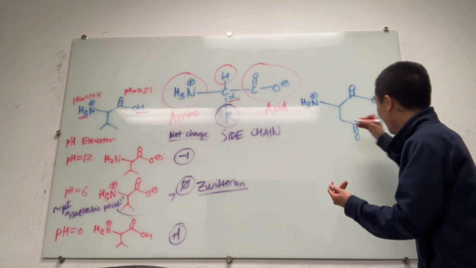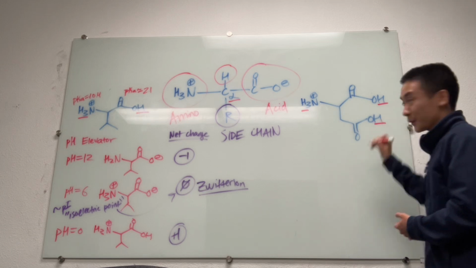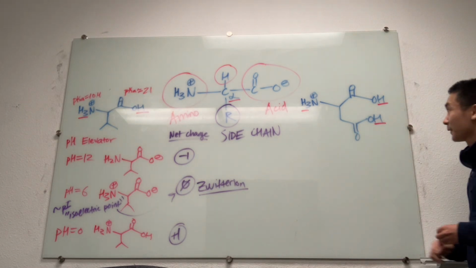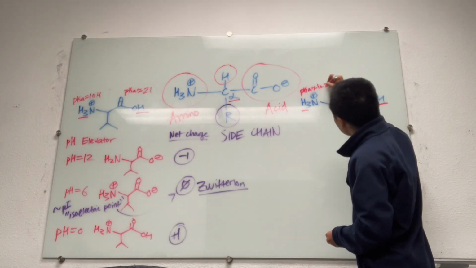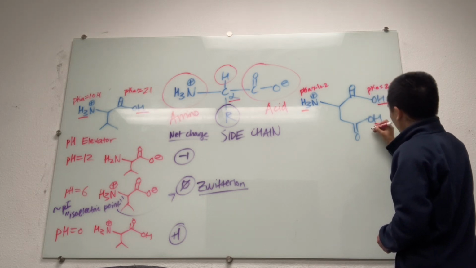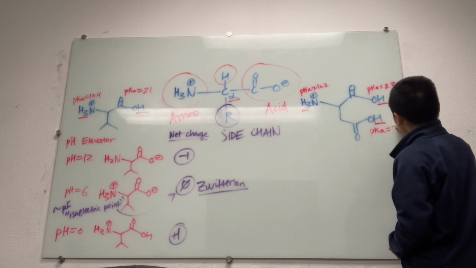This will have three pKa values, one for the amino group, one for the carboxyl group, and one for the R group, right there, because we have an acidic amino acid here. Let's say the pKa for the amino group is 10.2, the pKa for the carboxylic acid is 2.3, and the pKa for the R group is 3.1.